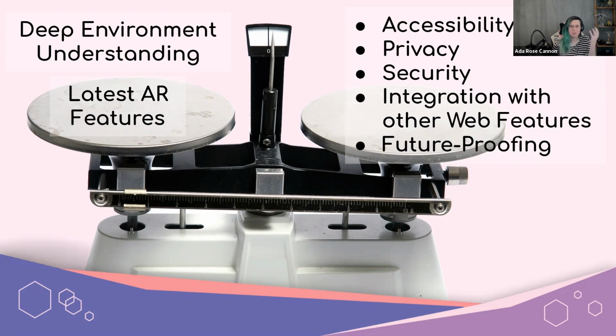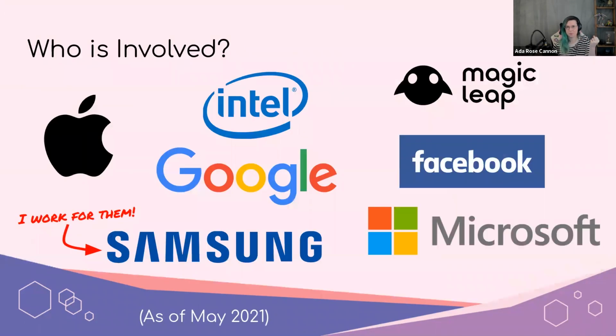All right, so that's the constraints we're working with. But the other important aspect is who is driving the API forward within these constraints. Well, the working group includes participants from Amazon, Google, Apple, Facebook, Magic Leap, Microsoft, Intel, Samsung, and many more. Some of these companies have browsers.